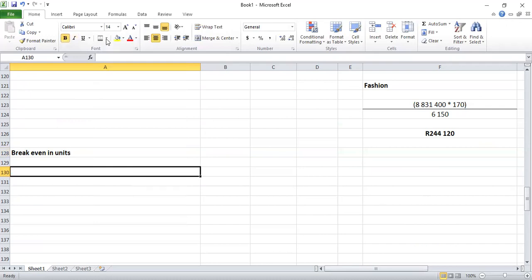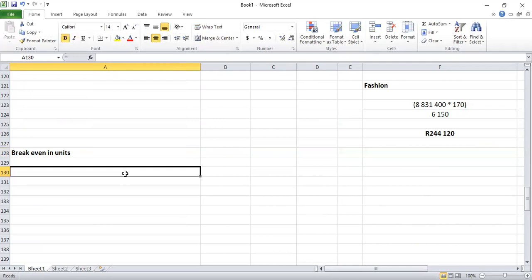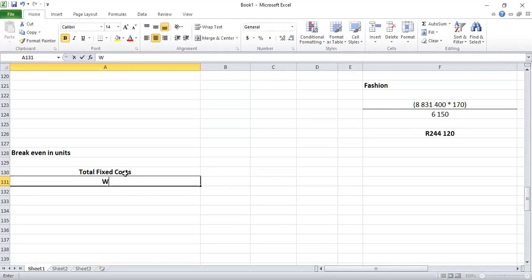So we have total fixed costs divided by weighted contribution per unit, which is the one that I did for you in class. That's the first method. I will do the other method later.